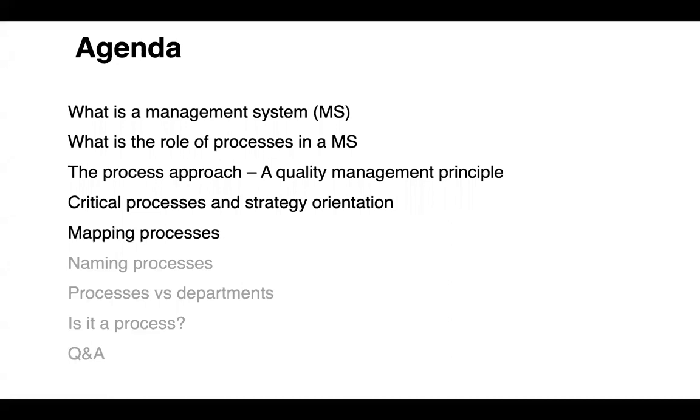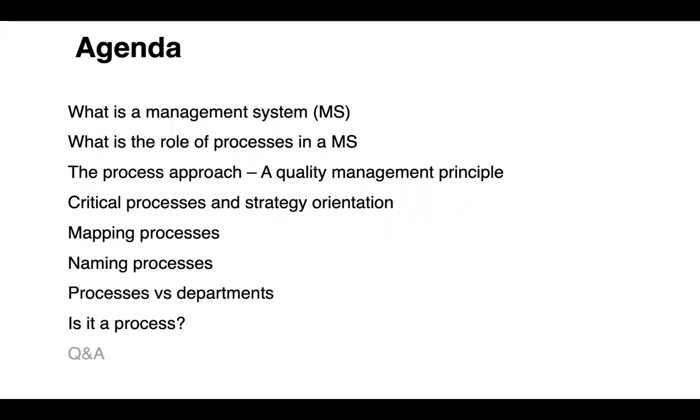Then we will speak about mapping processes, how to design the model of how an organization works, following the process approach. Then some ideas, some principles that we follow about naming processes. Then some mistakes that many organizations make by thinking that processes and departments are more or less the same thing. And at the end, I present a kind of test that I use: is it a process?